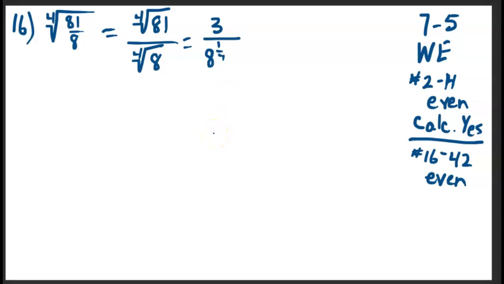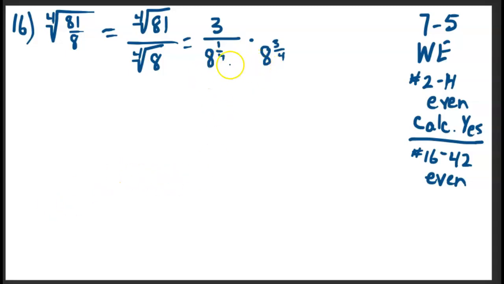And so to get rid of the radical in the basement, 8 to the 1/4 would have to be multiplied by 8 to the 3/4. It's called the conjugate. In this case, it's the number raised to the power that when I multiply it together, the power will equal 1, right?